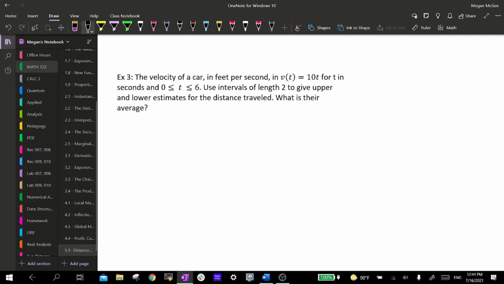So we're going to go ahead and calculate both the left-hand and the right-hand sums. We might not know exactly which one is the upper and lower yet, but we'll find out. So our delta t, we need to find the number of intervals.